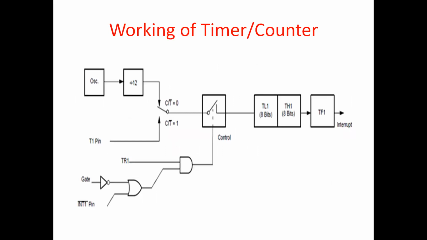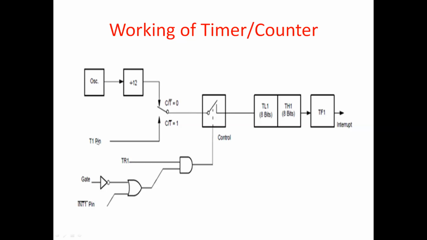Now, how does it work? As we mentioned earlier, the counter or timer is incremented for every clock pulse it receives. Internally, it has 16 bits, or two memory locations, each of 8 bits. For every clock pulse, the value of these registers is incremented. If the source is the oscillator, we call it a timer.